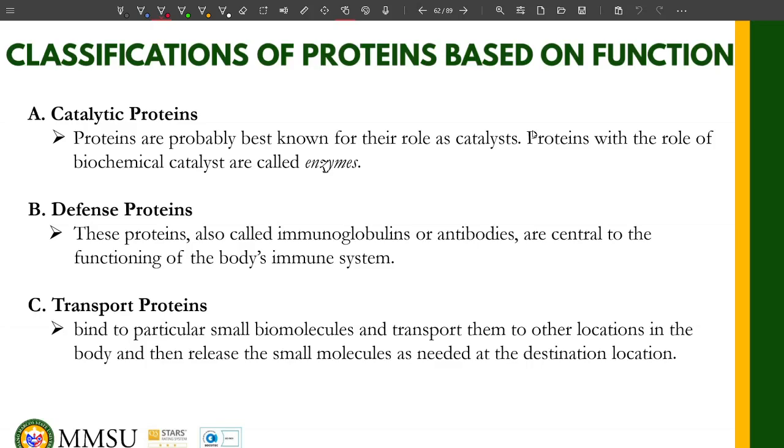Examples of this one would be si hemoglobin. I'm pretty sure that is already familiar to you. Hemoglobin, it is actually a protein that carries oxygen from the lungs to the other organs and tissues. Ayun. So, yung small biomolecules na dinadala niya is si oxygen. Another example would be si transferrin. This time, this is a protein na it carries iron from the liver papunta sa bone marrow. I'm gonna write it.